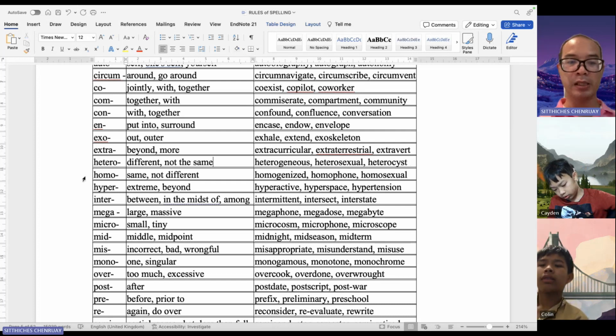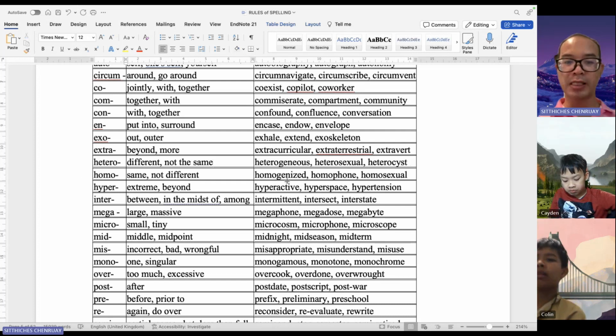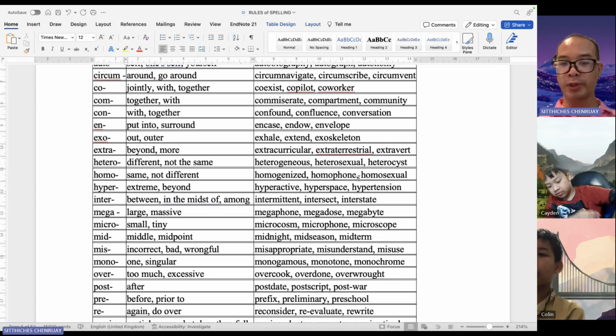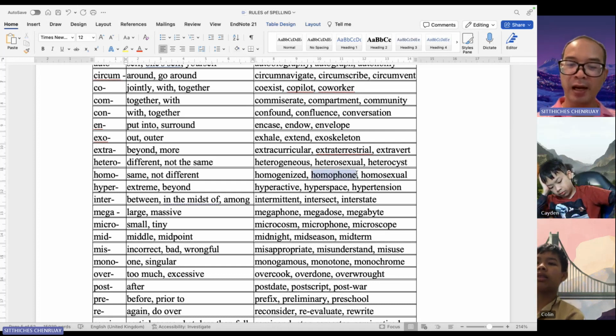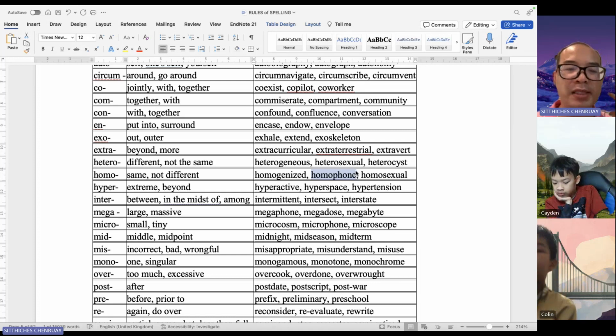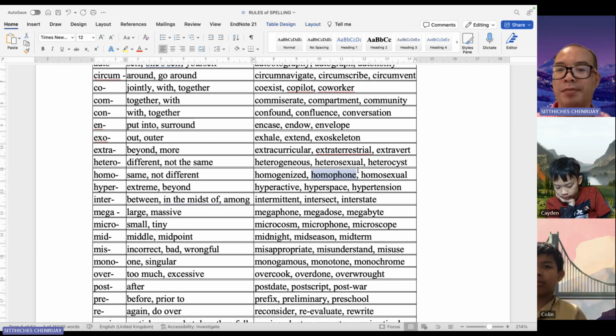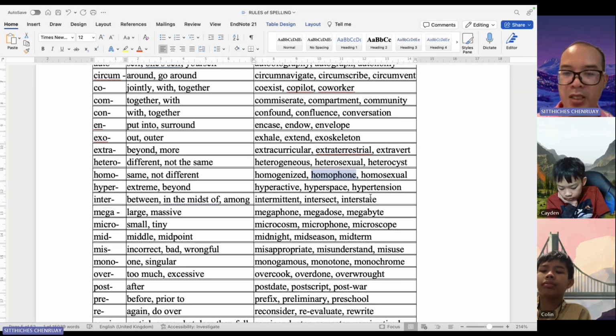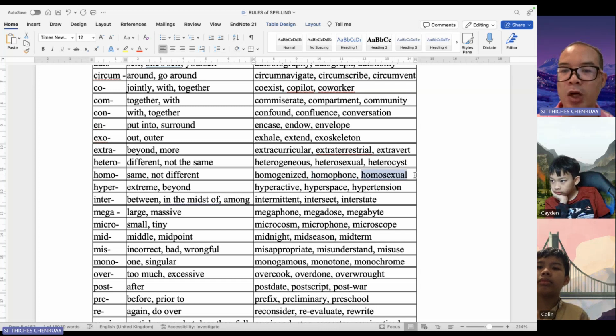Homo: homogeneous, homogenized, homophone. The very difficult word is homophone. It's quite similar, but not the same. The meaning is different. And then homosexual, and then hyperactive, hyperspace, hypertension.